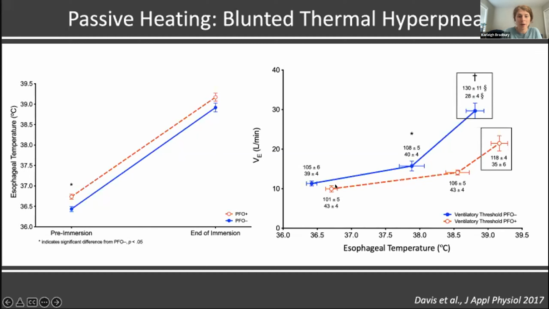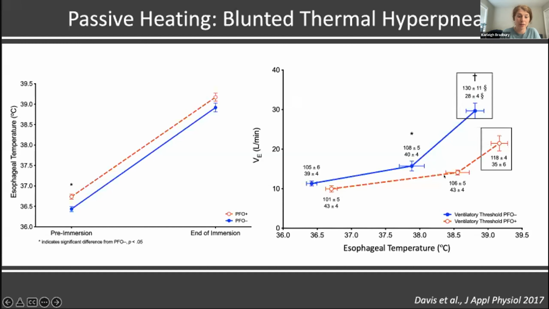If we look at our PFO positive group, they too have those small increases in ventilation, but they don't have their ventilatory threshold, or that big increase in minute ventilation, until their core temperature is about 0.7 degrees higher than the PFO negative group. So they don't get to a core temperature of around 38.5 until they really increase their ventilation.